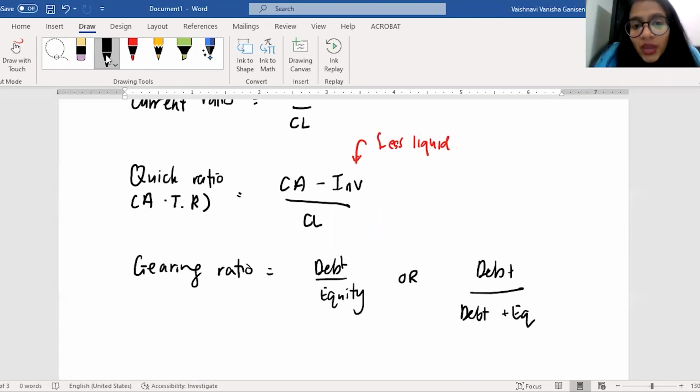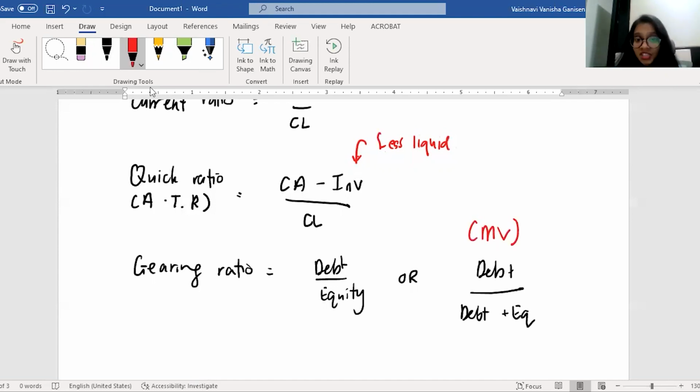Now, excuse me, guys, when are the circumstances where you use debt over debt plus equity? Normally, when you perform a market value calculation, you will use debt over debt plus equity. When you calculate a book value gearing, you use debt over equity.